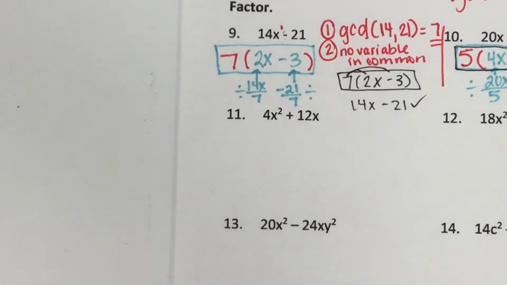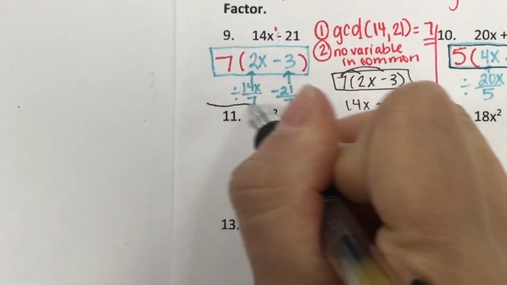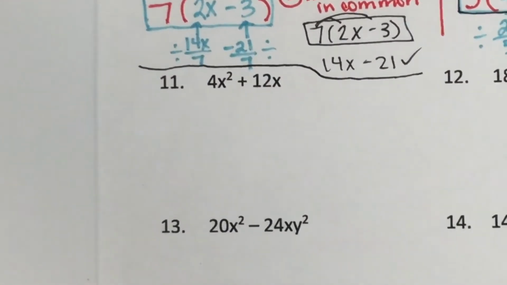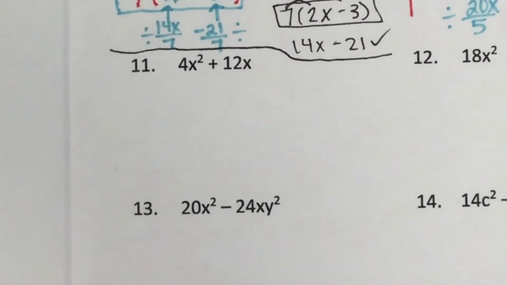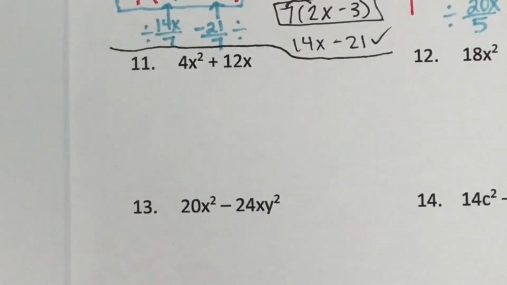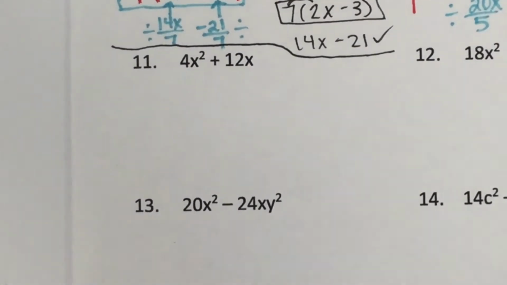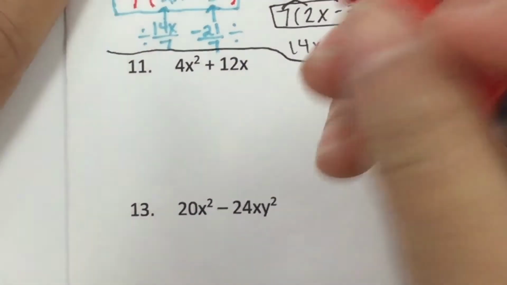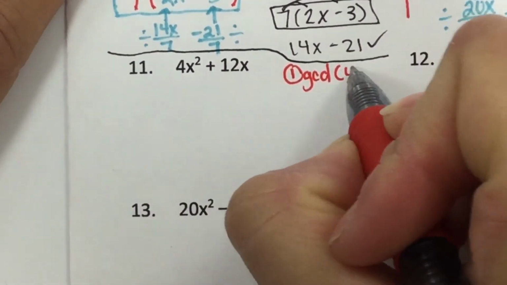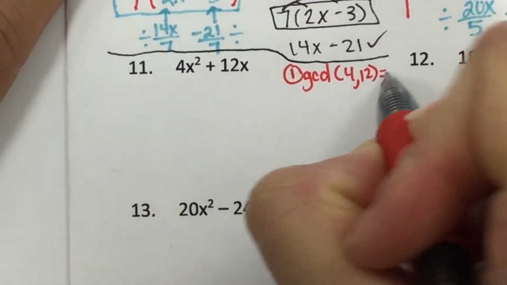Number 11. When you work on number 11, you have to be careful because now both terms have a variable. Since both terms have a variable, you're going to take the one with the smaller exponent. But the first thing you're going to do is find the GCD of 4, 12.